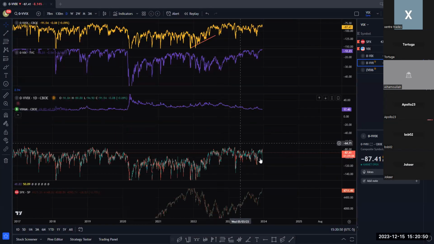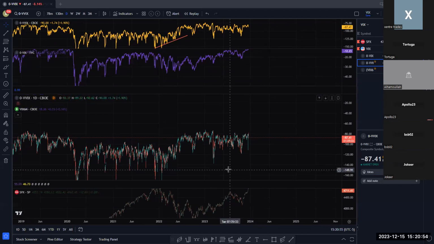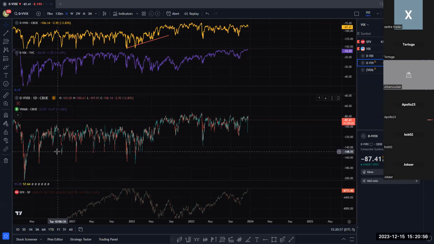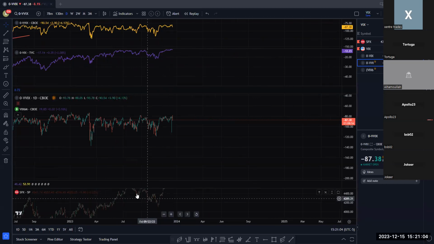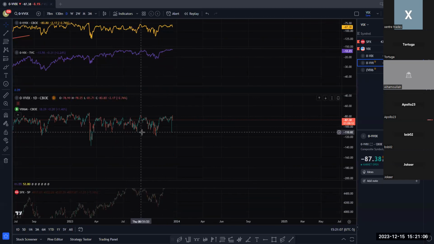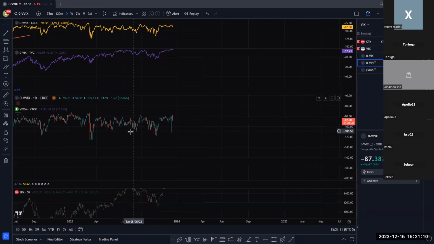For example, these are always near here, and these are always near here. They bounce pretty consistently. Whereas with SPY, you have to calculate the roughness, see how far down you go. Here you have a good idea of where it's about without calculating.